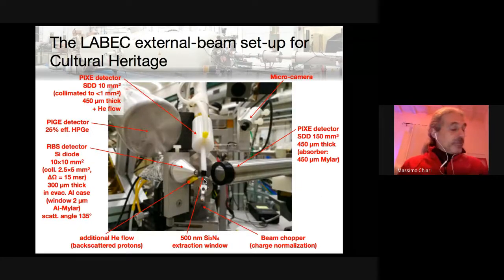Here we have replaced the traditional typical 80 millimeter square HPGe detector with a large area 150 millimeter square SDD. This is the largest monolithic SDD available on the market nowadays.